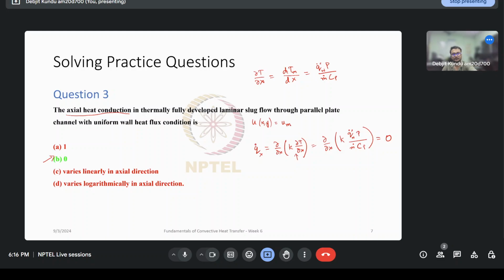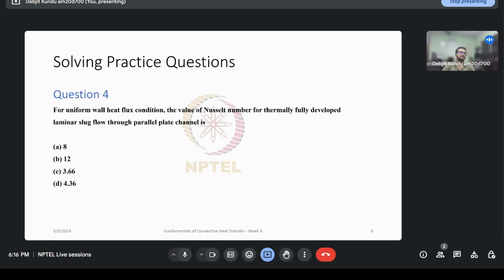Okay, so we'll move on to question number 4 now, which is asking us that for a uniform heat flux condition, once again, what is the value of the Nusselt number for a thermally fully developed laminar slug flow through a parallel plate channel? Now, this was one of the simpler cases which we learned initially.